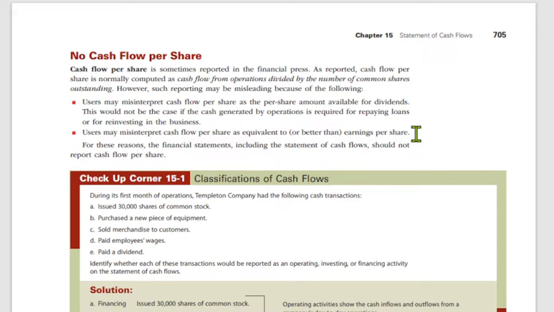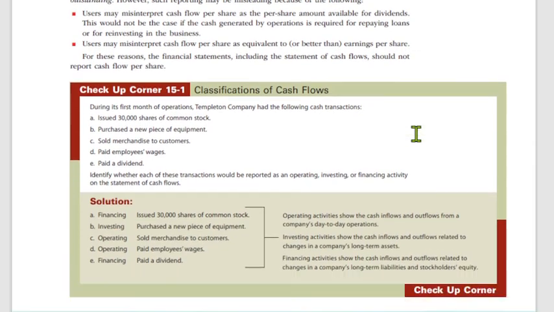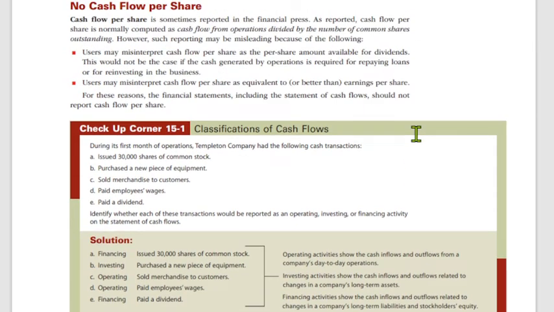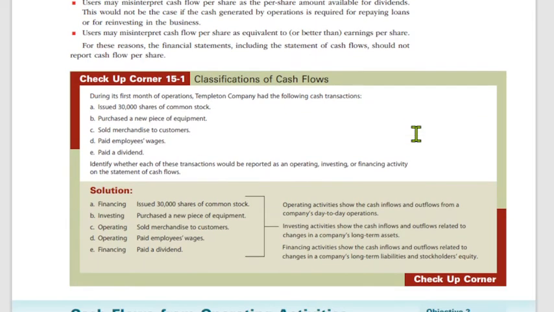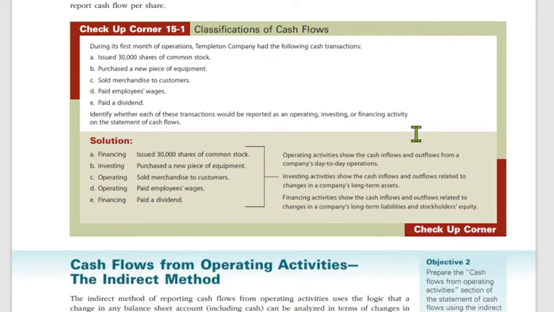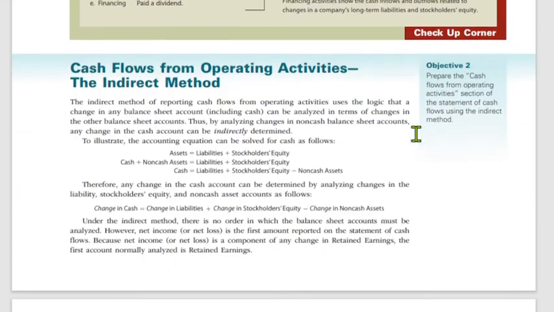Kaya hindi na po yan nire-report on the financial statements but only for internal reporting purposes. And since the subject is management reporting, kailangan alam natin ito, yung cash flow per share. Okay, the formula is that the cash flow from operations divided by the number of common shares. There are items dito that will illustrate that scenario.